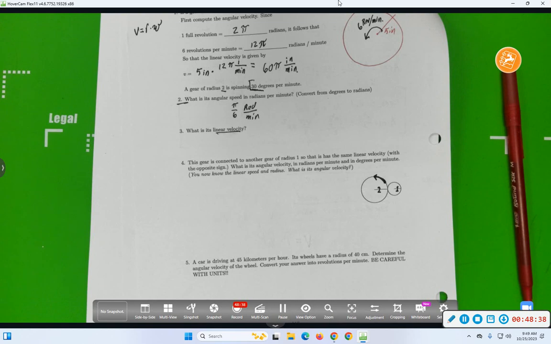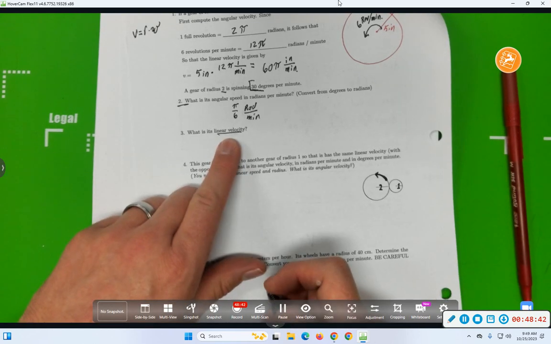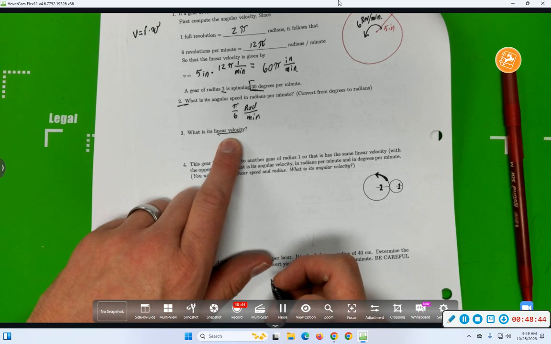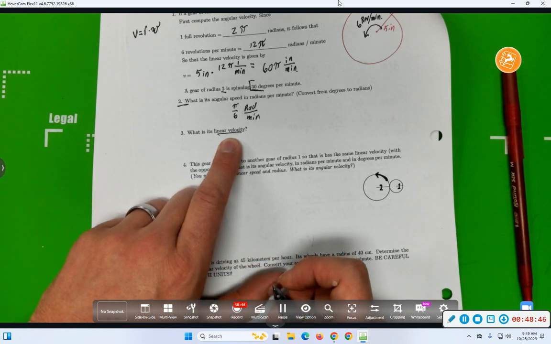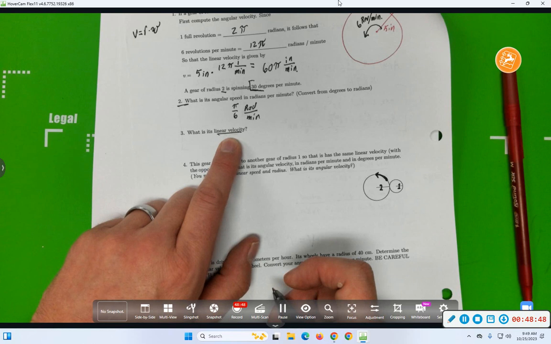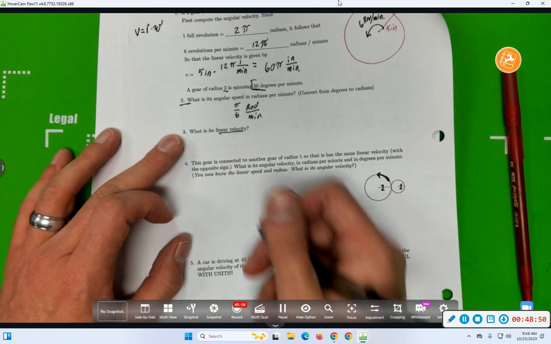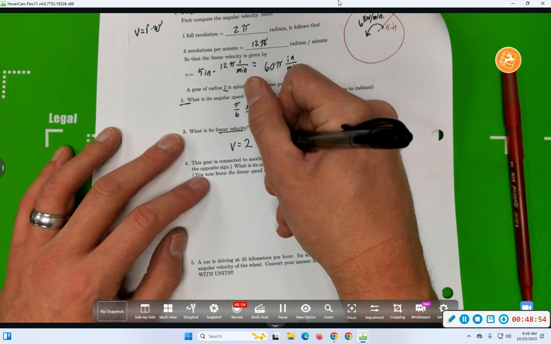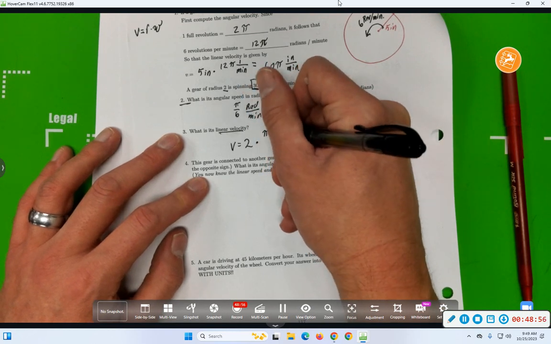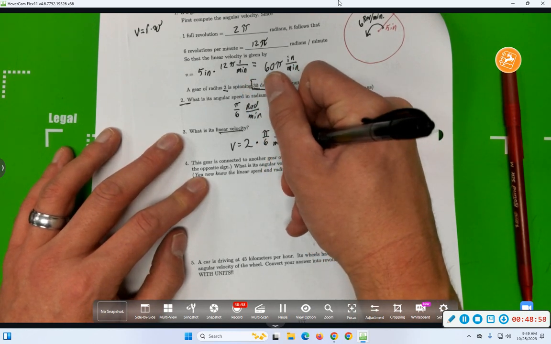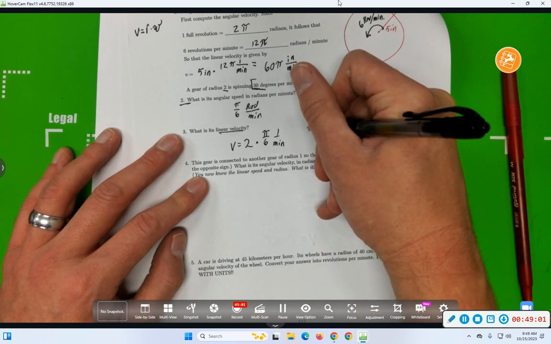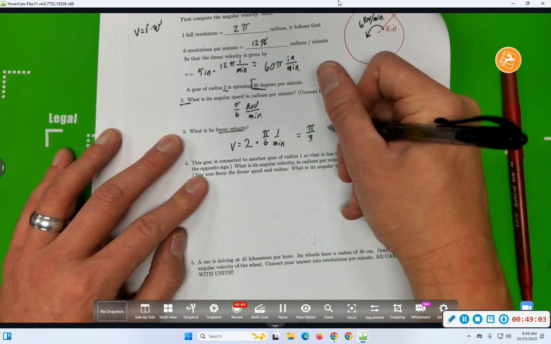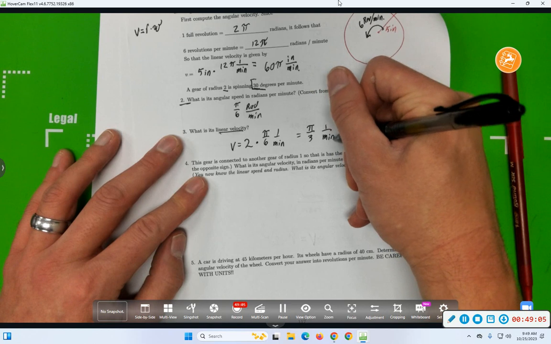Feel pretty good? So what's its linear speed? Well, what's the radius? 2, and there are no units given, so it's just 2, times pi over 6 per minute. So I guess that's pi over 3 per minute.